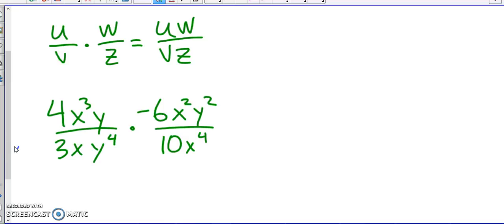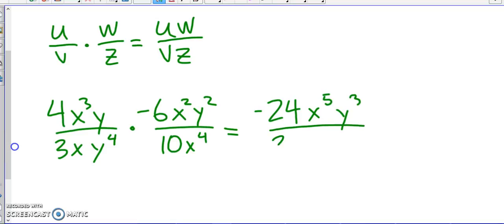What I can do here is multiply straight across. This would be negative 24x cubed times x squared is x to the fifth, and then this would be y cubed over 30x to the fifth y to the fourth.